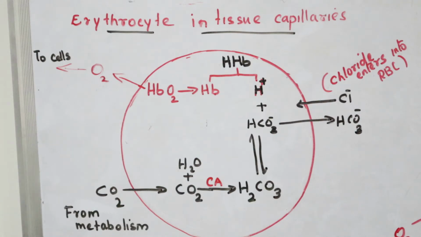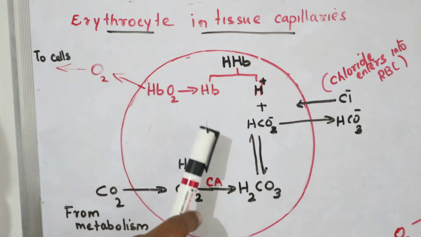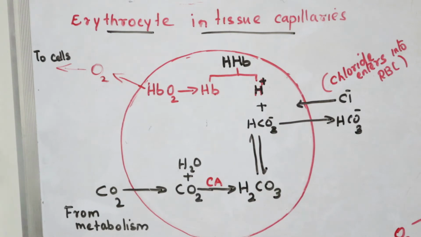So first we can move to the tissue capillaries. We know in tissues after metabolism there will be production of carbon dioxide. And the circle is the RBC in tissue capillaries. So let us see what happens inside the erythrocyte in the tissue capillaries. From tissues, this carbon dioxide diffuses into the RBC.